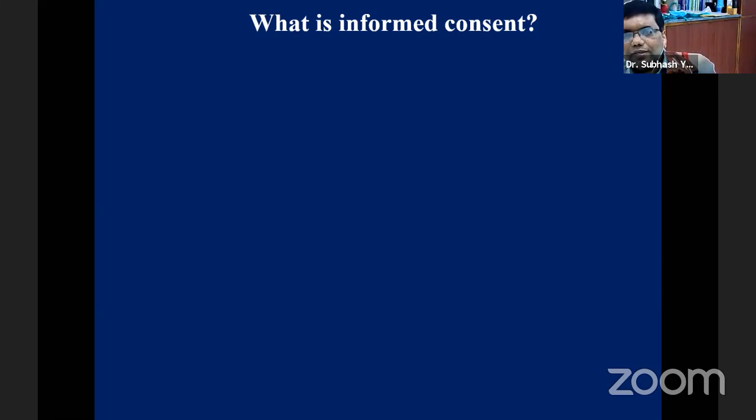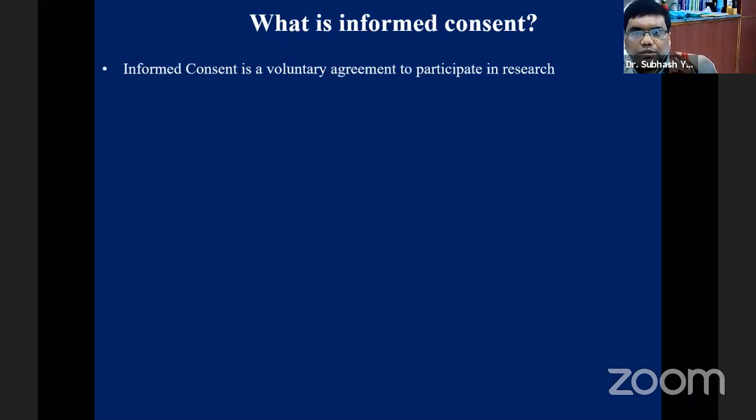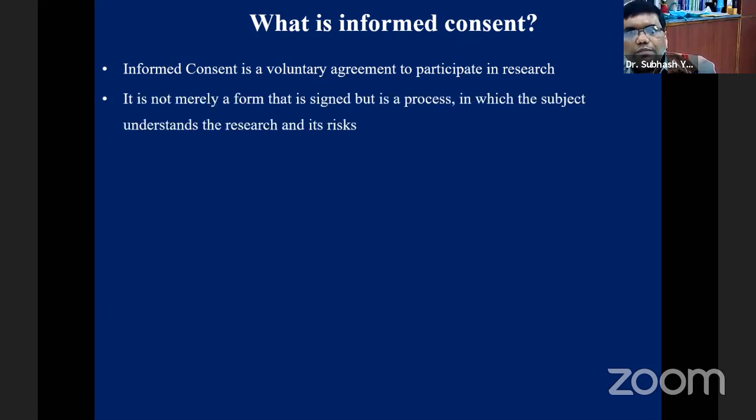As I said, it is required for any type of study, mainly when you are doing a prospective study, whether with or without intervention. So we have to take the consent of the subject. Informed consent should be a voluntary agreement to participate in the research. The word voluntary is very important.